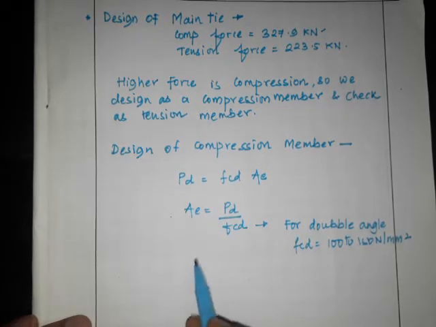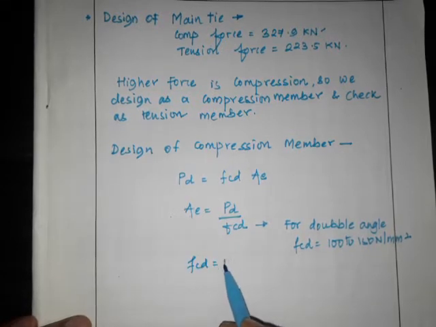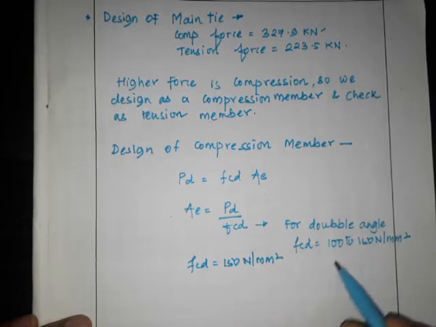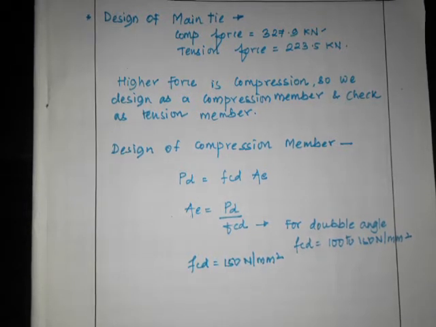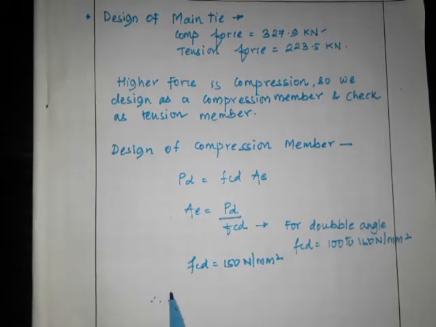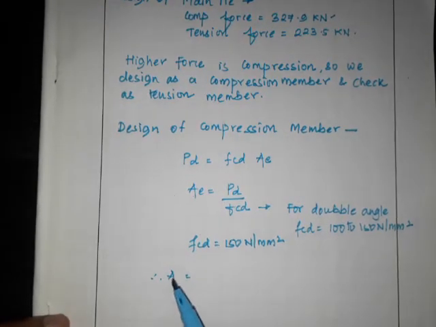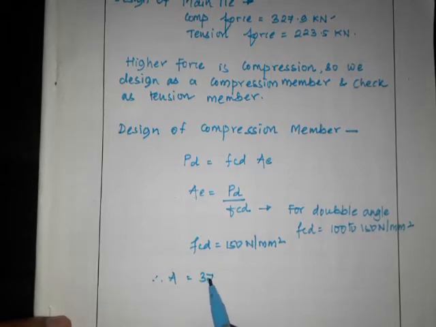So we will assume the value of FCD, I will go for the higher side, so I will assume 150 Newton per mm square. If the member is not safe, then you can use 100 or 120, 110 like that. So we will try for 150 only. Therefore area is equal to 327.9 into 10³, that is PD divided by FCD.